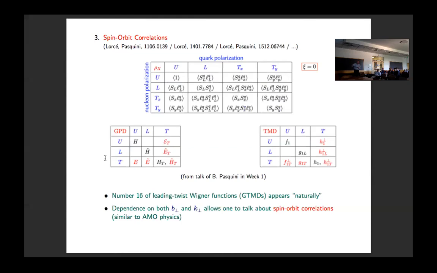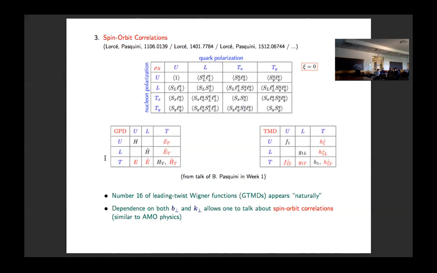And then you see immediately you have 4 possibilities for the quark, 4 for the nucleon, 4 times 4 is 16. So here we see again this number 16, just obtained in a totally different way. We went basically the hard route, going through all the Gordon identities, actually somewhat painful. So they appear kind of naturally.